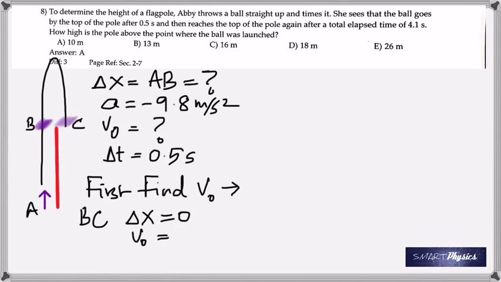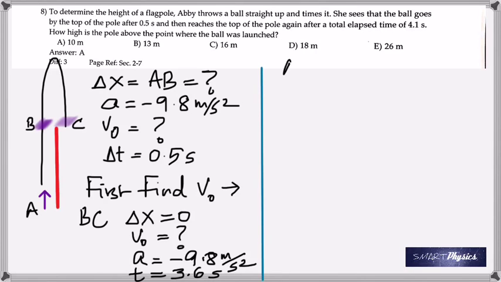We are looking for the initial velocity at B now. Don't be confused. We're looking for the initial velocity at B. A is still negative 9.8 meter per second squared. Time is 3.6 seconds. Use the equation: displacement equals V naught t plus 1/2 at squared.